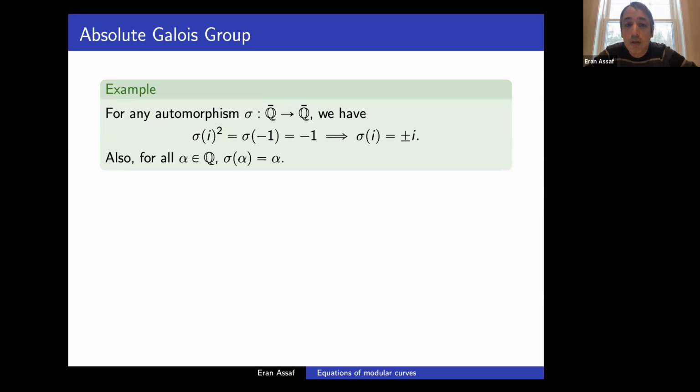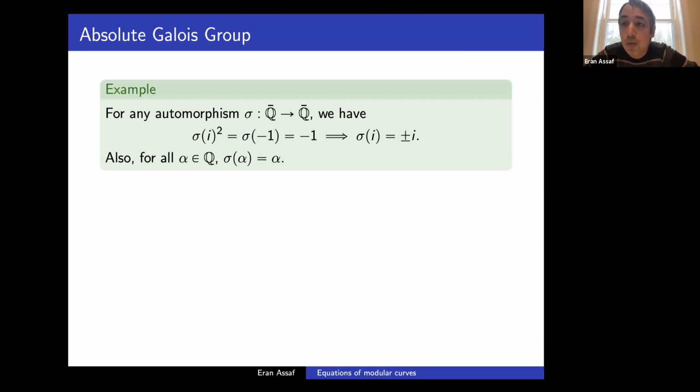So first of all, maybe note that if we have a rational number, then any automorphism of the algebraic numbers fixes that number. One can start by looking at 1, then extending to positive integers, then to integers, then to rationals.